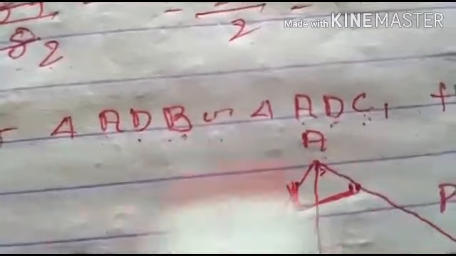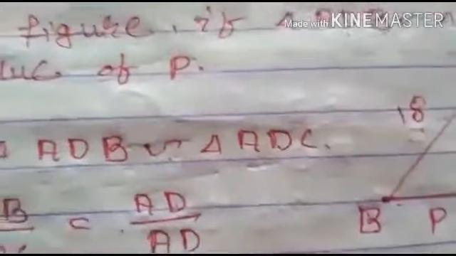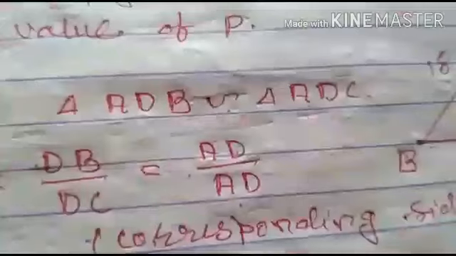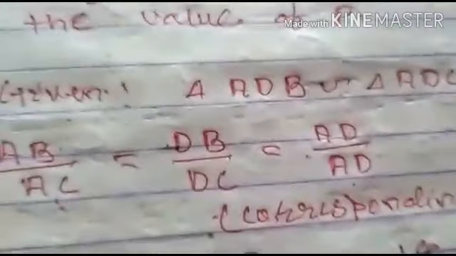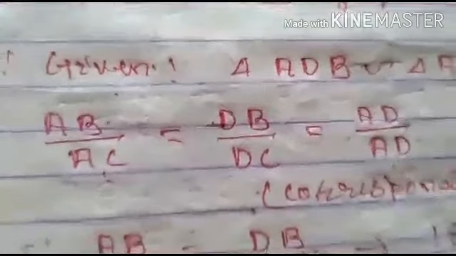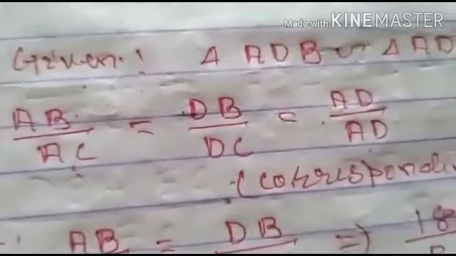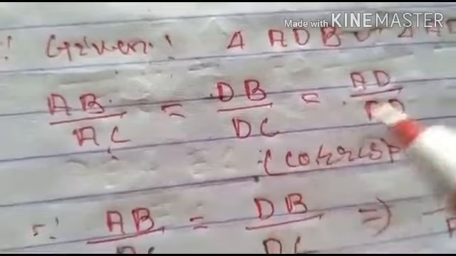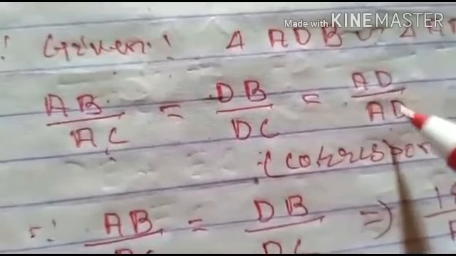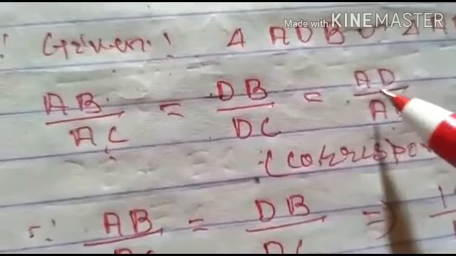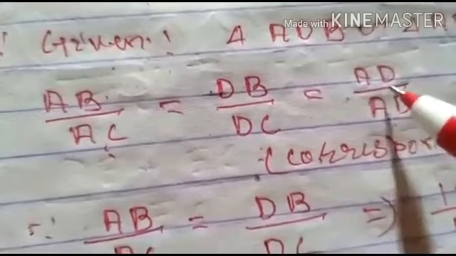So all three corresponding sides of both triangles will be proportional. Here it is written like AB by AC equals DB by DC equals AD by AD. AD by AD is the same because the side AD is common to both triangles.